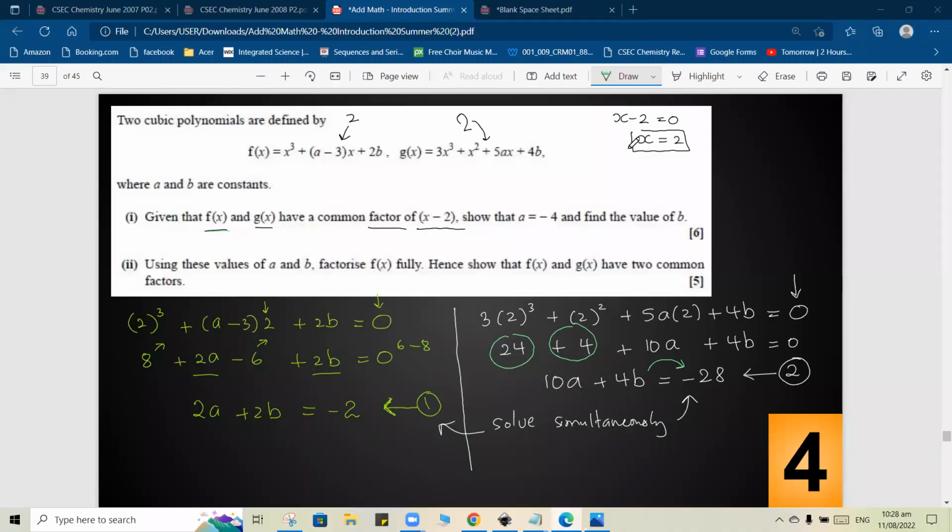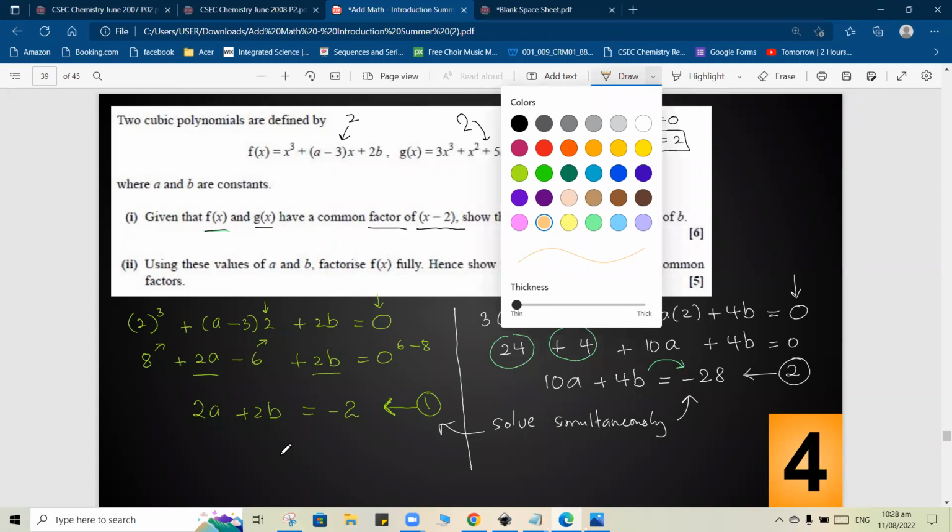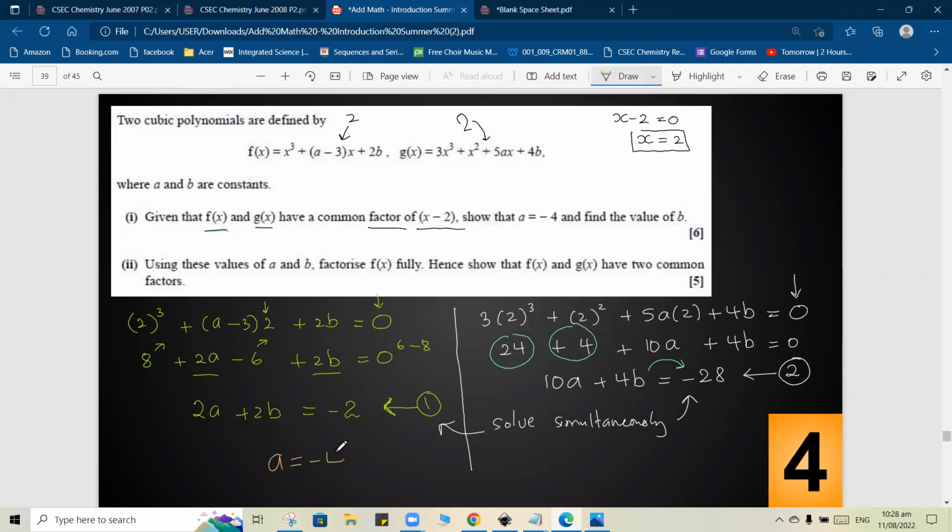When you solve for a and b, you're supposed to get a. Well, I told you a was minus 4. They made it clear that a was minus 4. But you're supposed to get b as positive 3. Right? Now, I'm not going to work through the simultaneous equation part, as that's regular maths. But I will focus a lot on part 2.